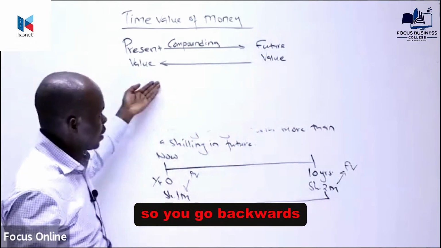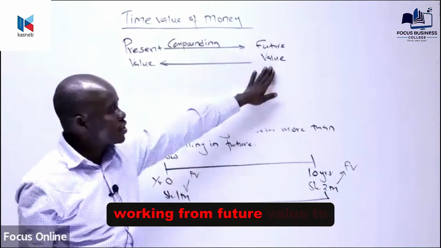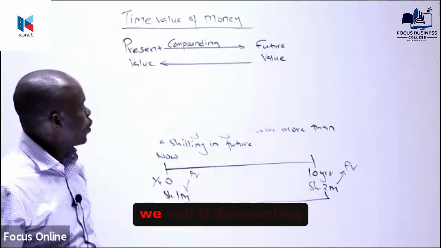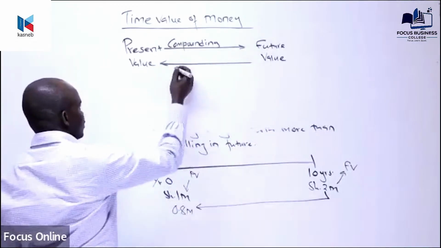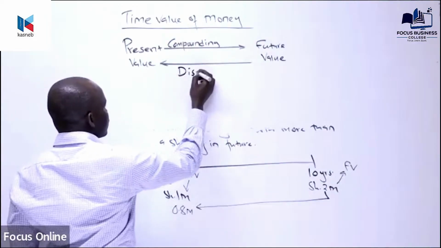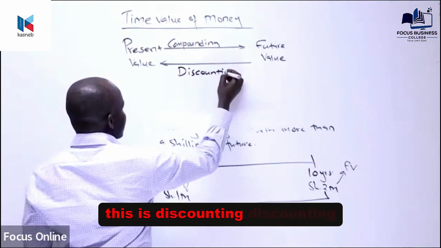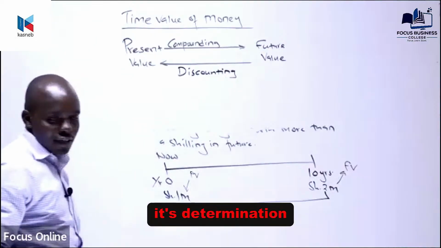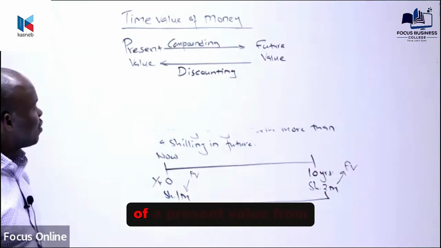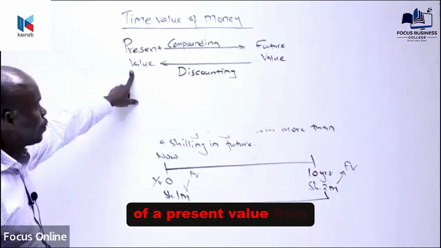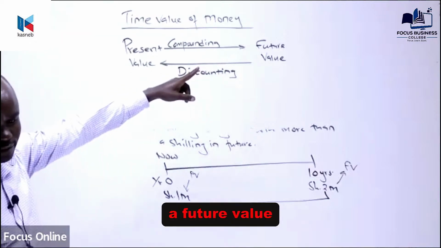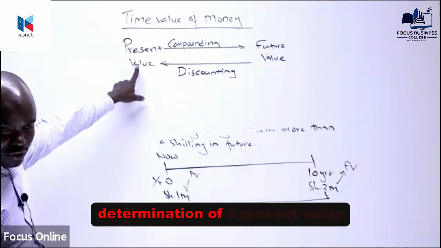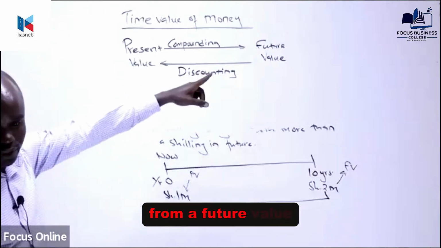So you go backwards, working from future value to present value. We call it discounting. Discounting is the determination of a present value from a future value.